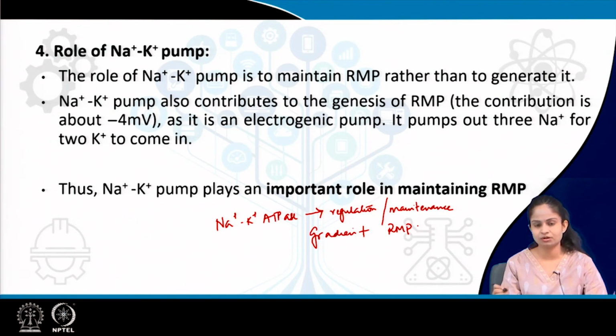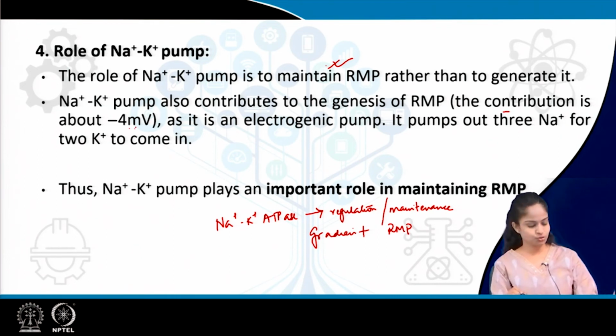The genesis is already done by the diffusion of the ions through the leak channels, the Nernst potentials and the constant field equation. So, the role of the sodium potassium pump is to maintain the resting membrane potential rather than generate it, and its contribution is around -4 millivolt. It is an electrogenic pump, as I already told you, pumping out 3 sodium ions for 2 potassium ions inside.